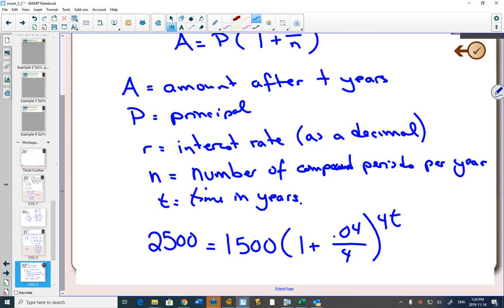So now we have to solve for t in the exponent. So far, the only way that we've been able to solve this without our calculator is if we can get the bases the same. However, if I do a little bit of simplifying here, I'm going to divide both sides by the 1,500.